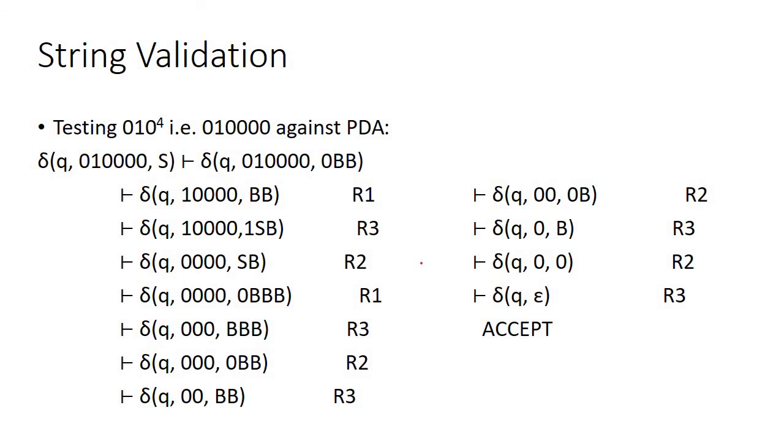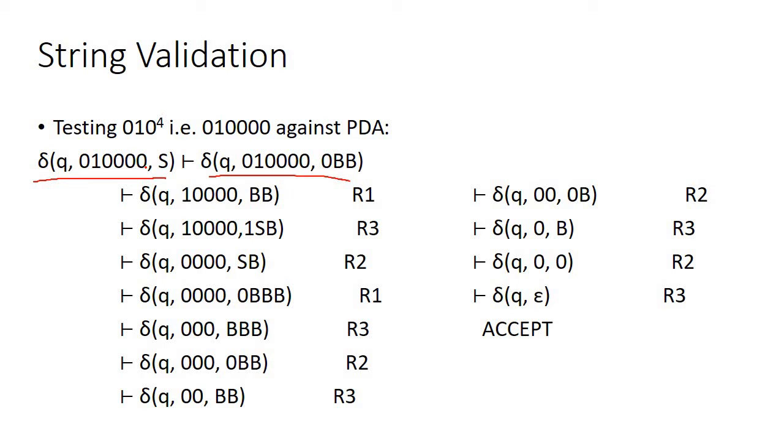So let's see how we can validate a string. If this is the string, which is 0, 1 and 4 zeros, against the given PDA, we need to validate this particular string with the help of the PDA transition functions. If this is the instantaneous description, that is the ID, and there is another ID, how can we move the value?